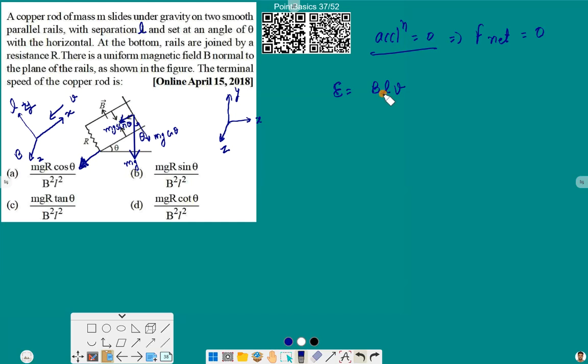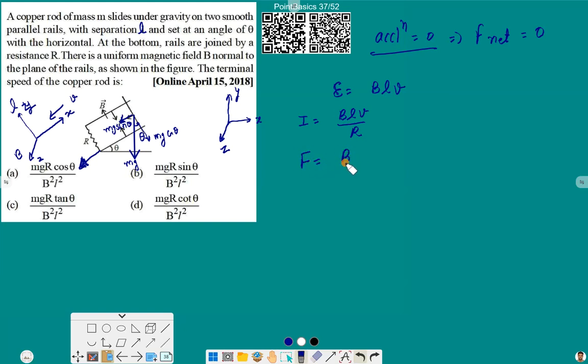This is the amount of induced EMF, and due to the induced EMF there will be a current. That current is given by BLV by R, and as there is current flowing through the conductor in a magnetic field, there will be a force acting on the conductor.